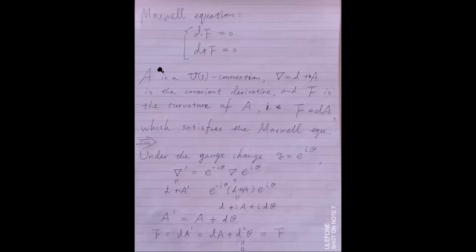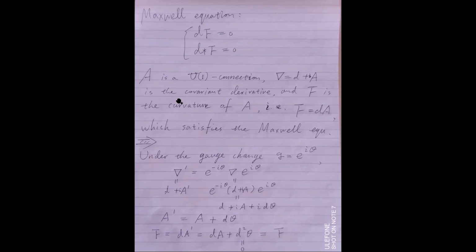So the mathematical interpretation of this electromagnetic field is that we should interpret A as a U(1) connection, and we put nabla equal to d plus iA.